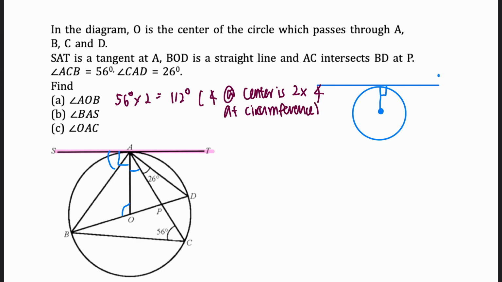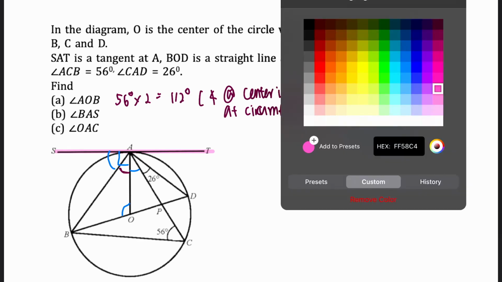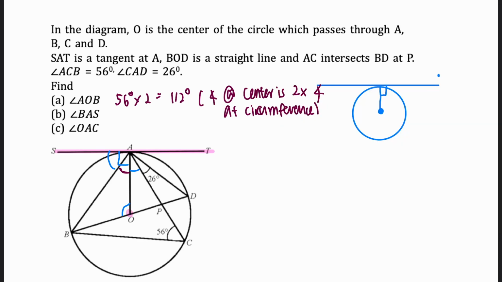Next, we will try to find this angle. How we go about this is, usually if you have a center to the circumference and another center to the circumference, it will give you an isosceles triangle because this length is equal to this length.